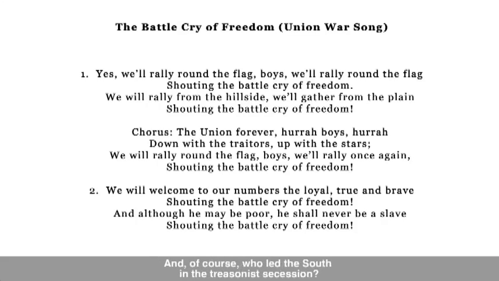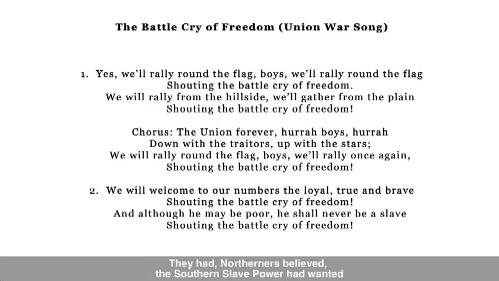And of course, who led the South into treasonous secession? Well, of course, the big slave owners. They had led the South and the nation into this hellish pit of civil war. That evil slave power would rather destroy the Union than have slavery's progress halted.